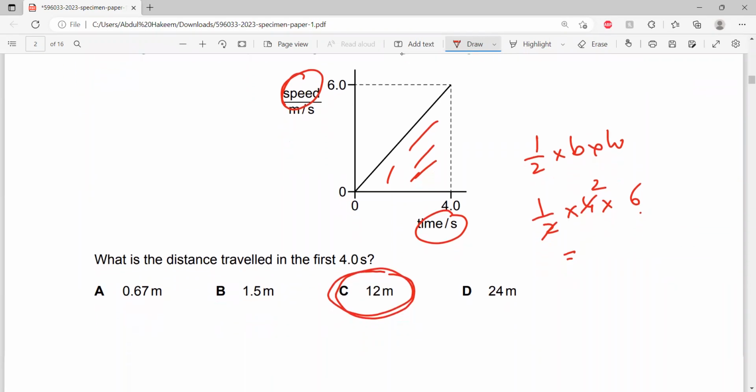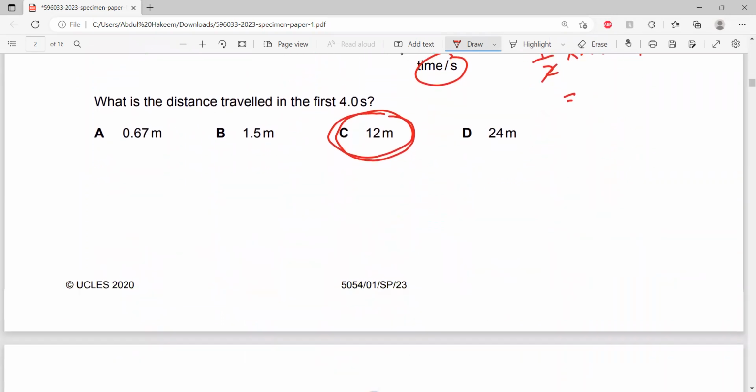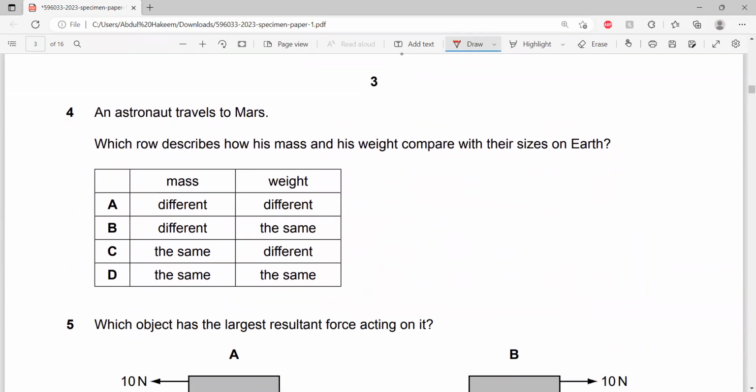Simple question. Now number 4: an astronaut travels to Mars. Which row describes how his mass and his weight compare with their size on the Earth? So the mass remains the same and the weight is different. Reason: because W is equal to mg.